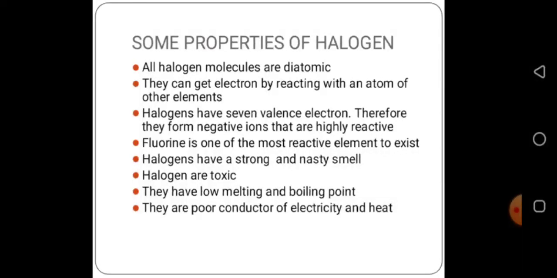Halogens have a strong and nasty smell, as we see in the front. So halogens are toxic. They are toxic in nature.